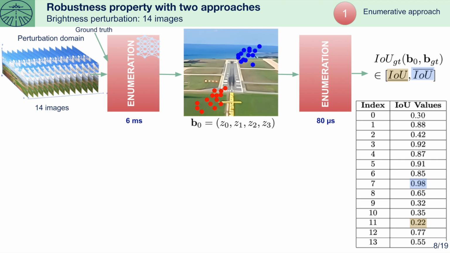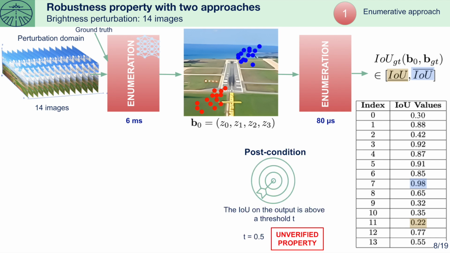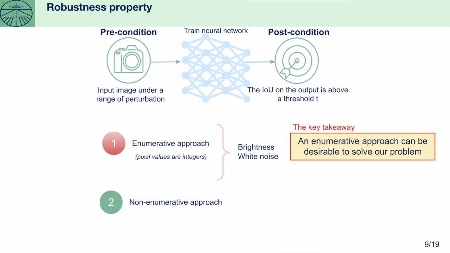And if we want to check our property, is the IOU on the output above a threshold T equal to 0.5? And since the lower bound is 0.22, then the property is not verified. So in this case, for this brightness perturbation, an enumerative approach can be desirable to solve our problem.